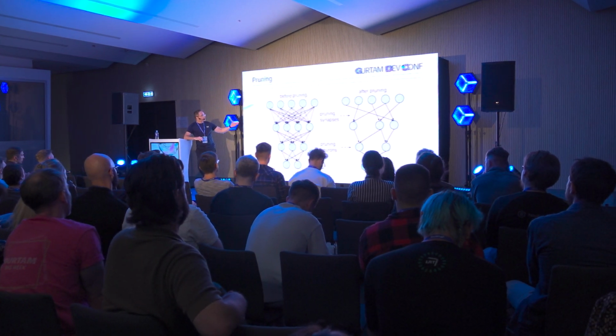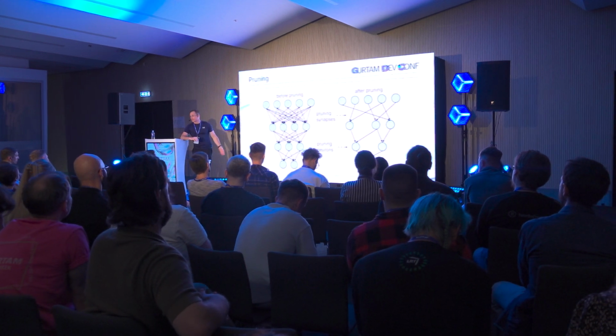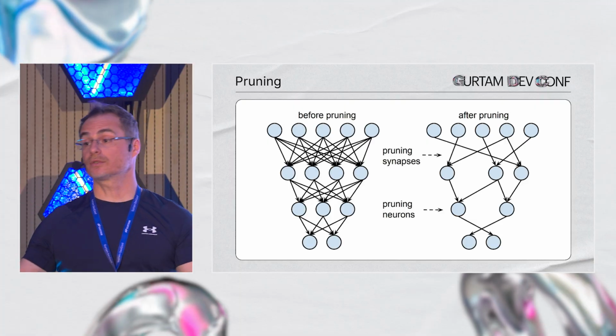One thing is, for example, pruning. This morning, the speaker talked about distillation. It is a very good approach, but it is not the only one, of course. One of the most used approaches is pruning, because distillation is amazing, was great, but you need resources.